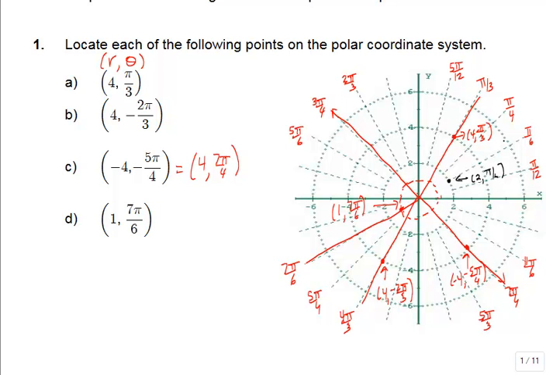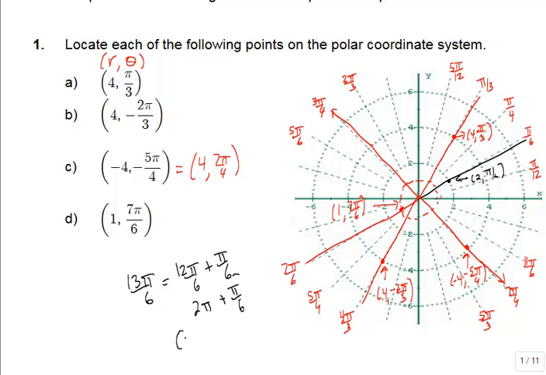Now 13π/6 is 12π/6 plus another π/6. And 12π/6 is the same as 2π. So in other words, 13π/6 is the same as π/6, but it's got one extra revolution in it. But it's still going to end us up along this same ray.